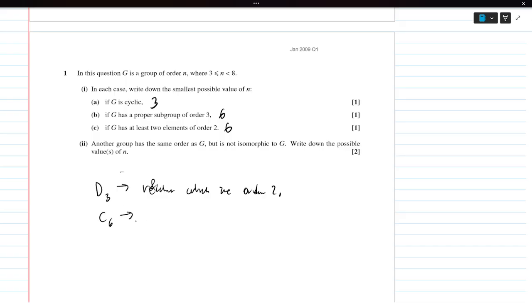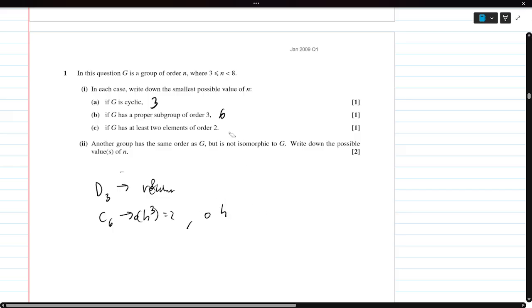And the cyclic group of order 6 has, if h is the generator, h^3 of order 2, and h^2, please be order 2. It's not that. No, it isn't. It's got to be 8, yeah, because the cyclic group of order 6 has only one element of order 2. Okay.